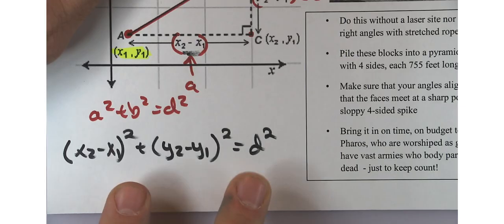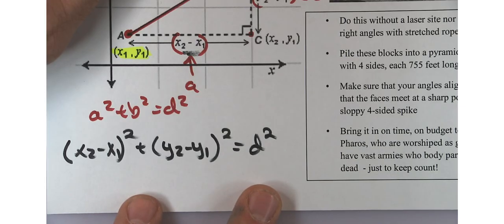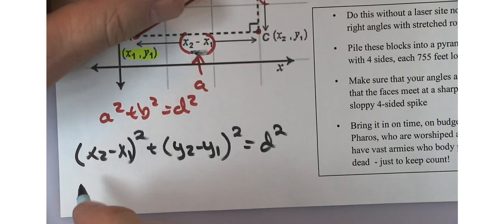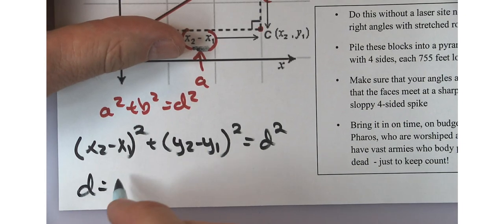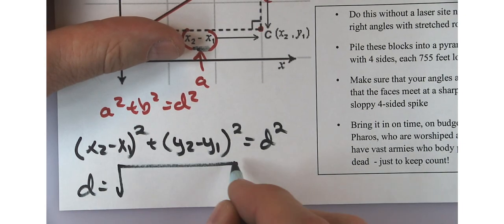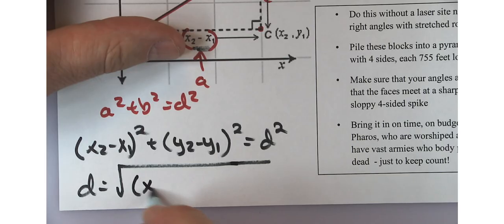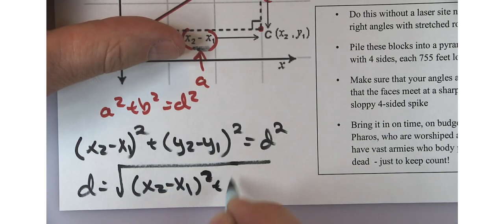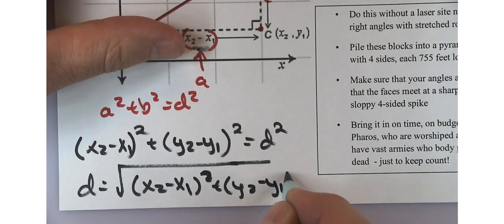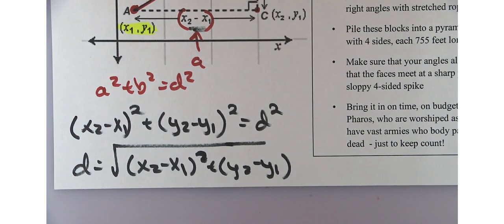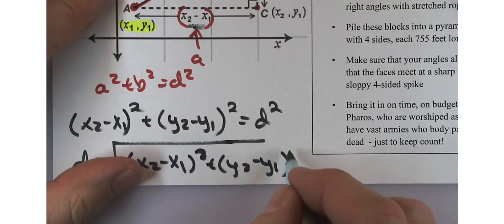What do I have to do? Say I take the square root. So d is going to be the square root of (x2 minus x1) squared plus (y2 minus y1) squared. Almost forgot that squared here.